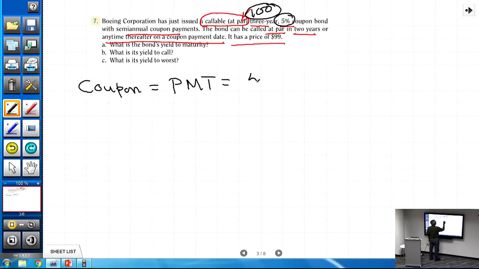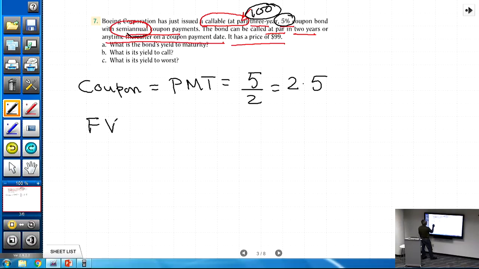So 5% of 100 is 5. But since this is a semi-annual bond, there will be 5 divided by 2, which will be 2.5.